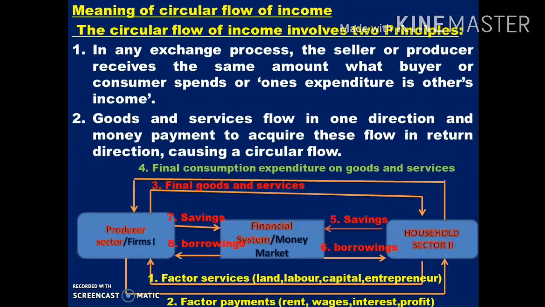The meaning of circular flow of income. The circular flow of income involves two principles. First one, in any exchange process, the seller or producer receives the same amount that the buyer or consumer spends, or one's expenditure is others' income. So the first principle you can conclude is that one's expenditure is the other's income.